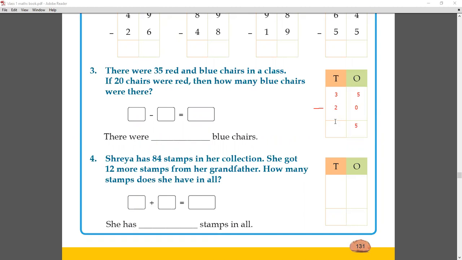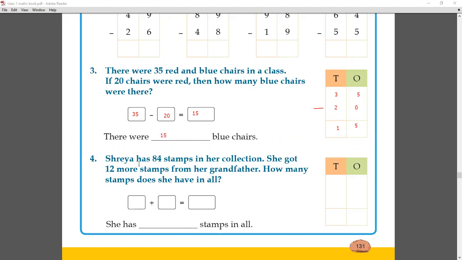Okay, 3 minus 2. 1. So we write 1 here. 15. First, write in a subtraction sentence: 35 minus 20 is equal to 15. There were 15 blue chairs.